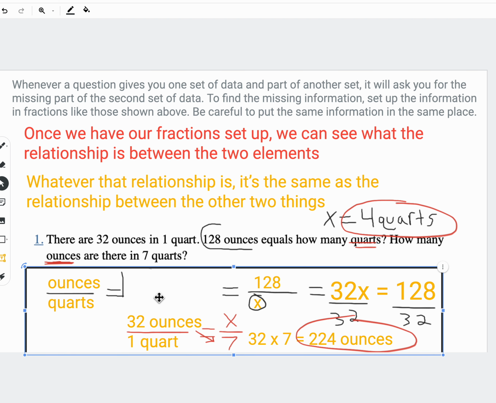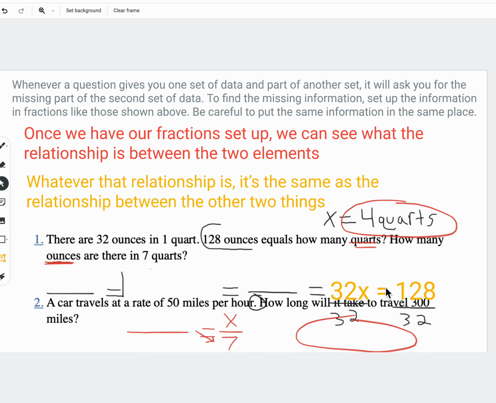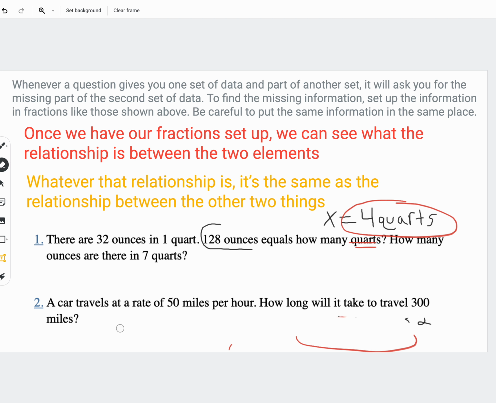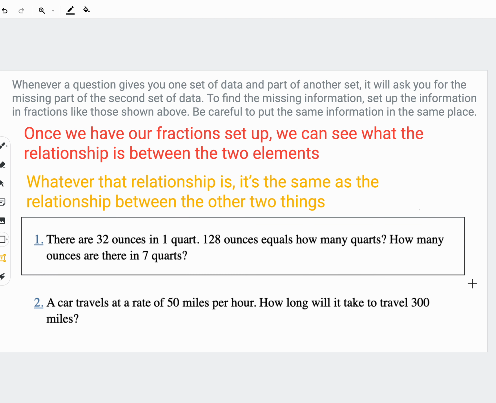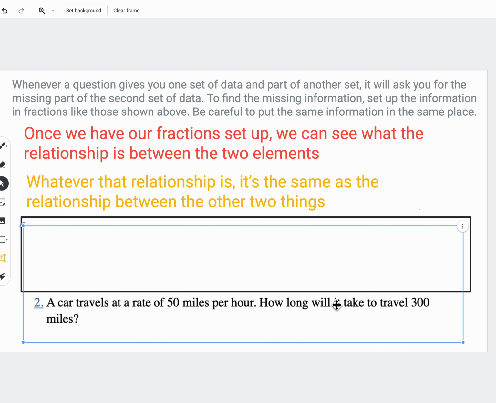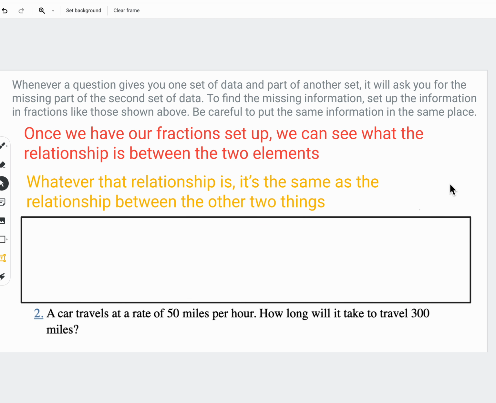Great, now let's try number 2. A car travels at a rate of 50 miles per hour. How long will it take to travel 300 miles? Let's set up a proportion. Here we will set up miles over hours.